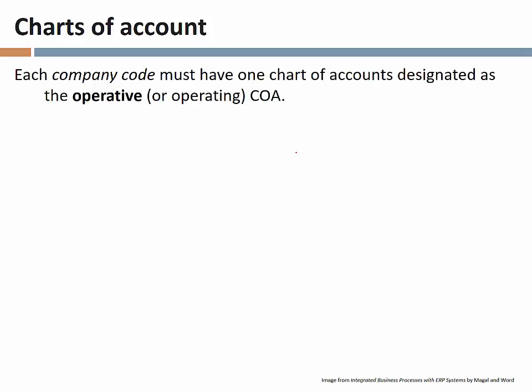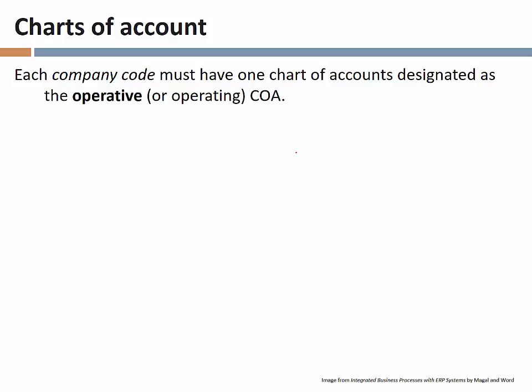So let's go back to talking about the chart of accounts for a moment. Every company code has to have one chart of accounts that they designate as their operative or operating chart of accounts. You either see those two words used simultaneously. So every company code has to have one of these.